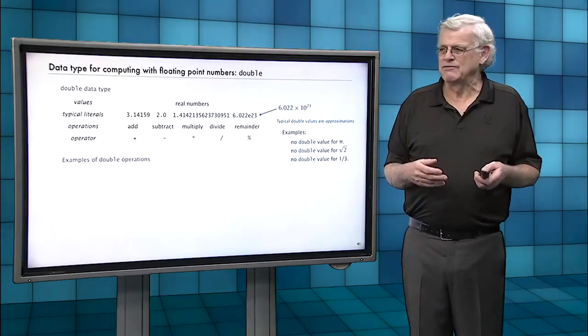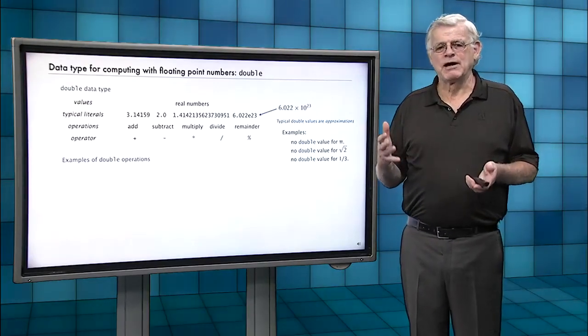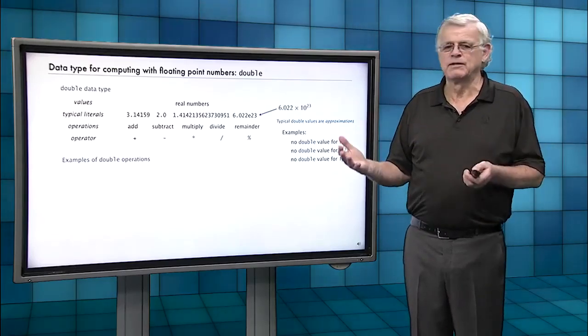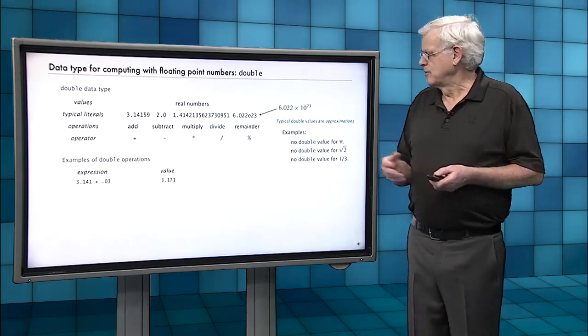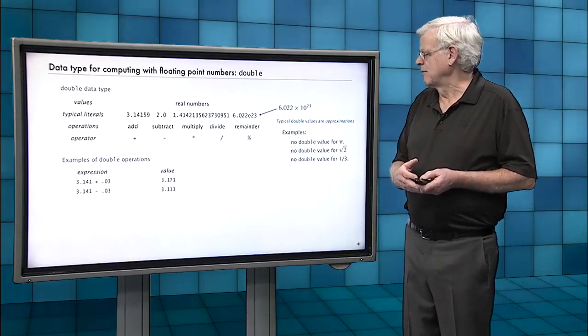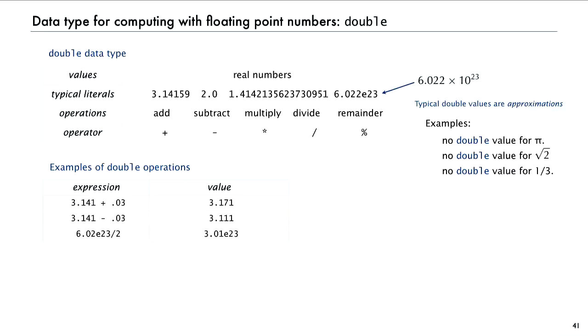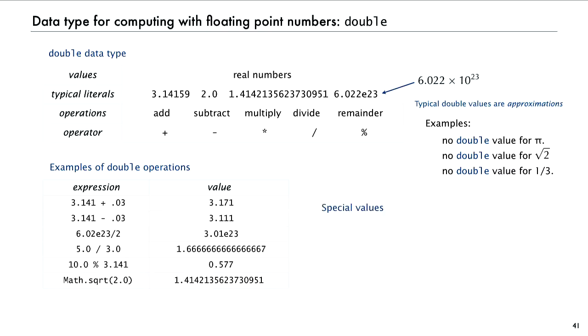And that's something that we have to take into account when we're writing programs that are working with approximations to real numbers. So these are the types of expressions that we write with double. And again, we get pretty much the results that we expect for math computations. We get good approximations to the numbers that we want.